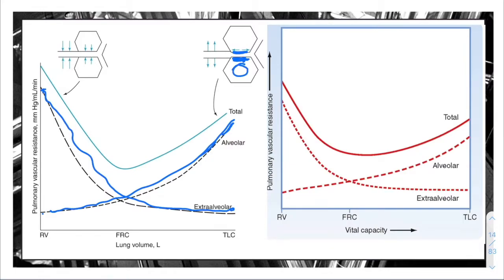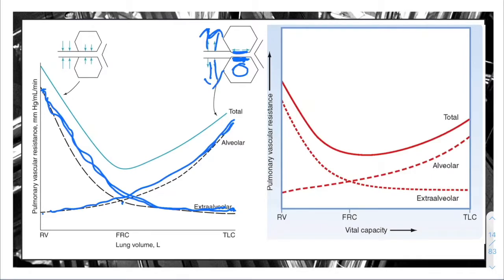More interpleural pressure increases from RV, FRC to TLC. There would be pulling of your extra-alveolar vessels, causing the diameter to increase. So the pulmonary vascular resistance from RV to FRC to TLC decreases.